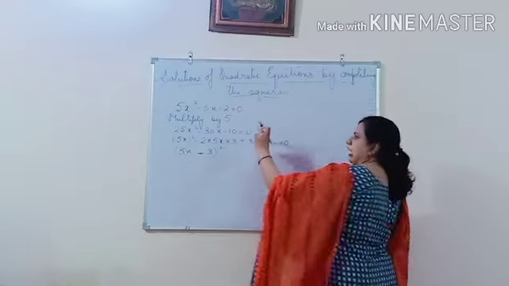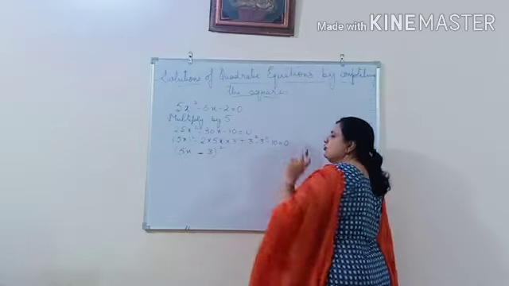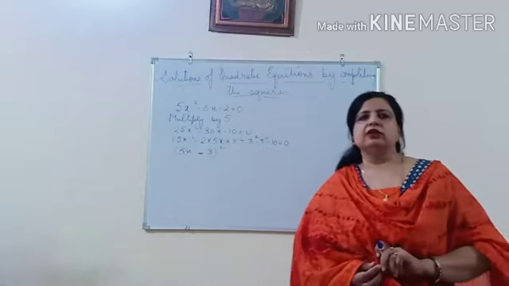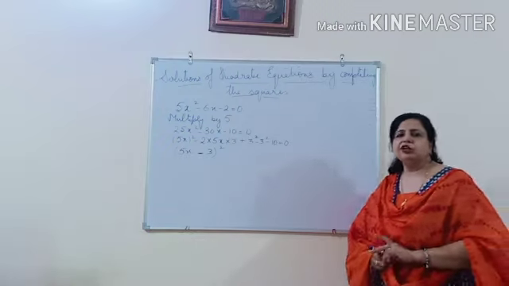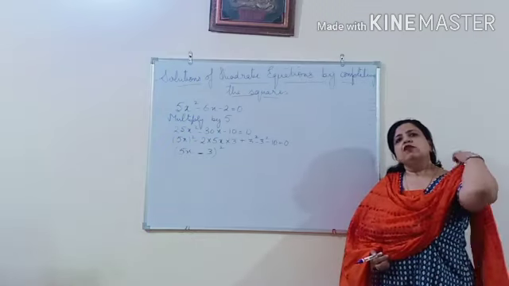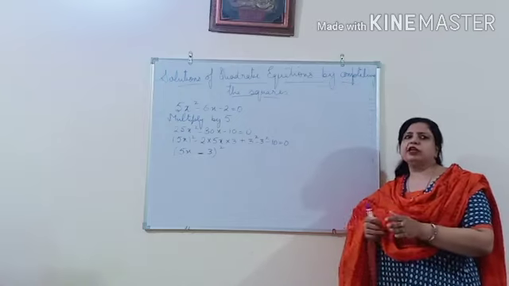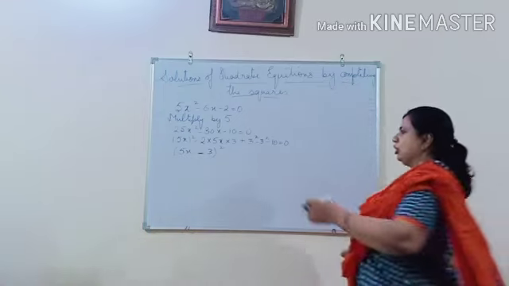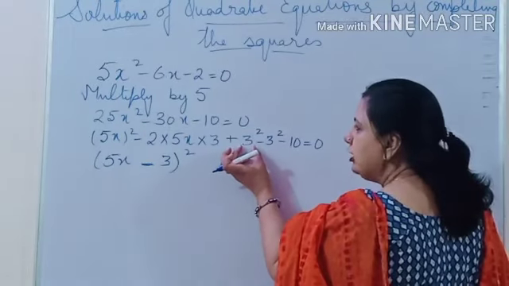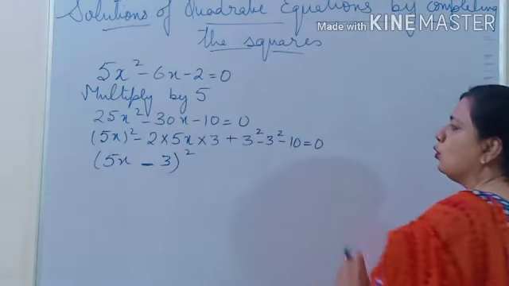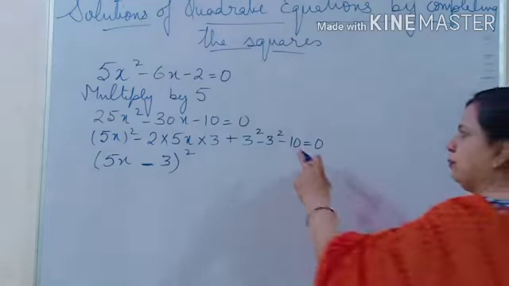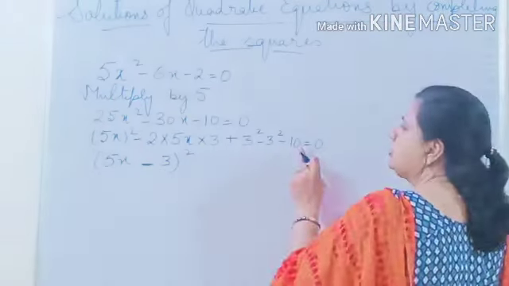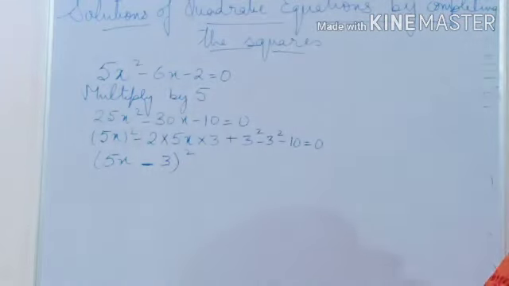When we are adding something to an equation, we have to subtract the same thing so that the equation does not change. So in order to complete the square, we needed 3 square. So we have subtracted 3 square, and minus 10 is as it is.